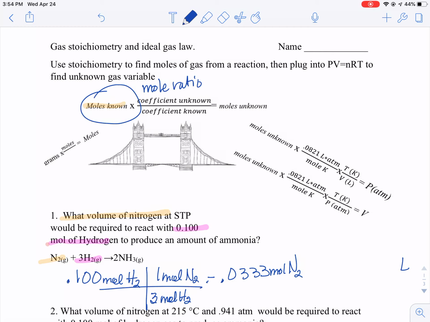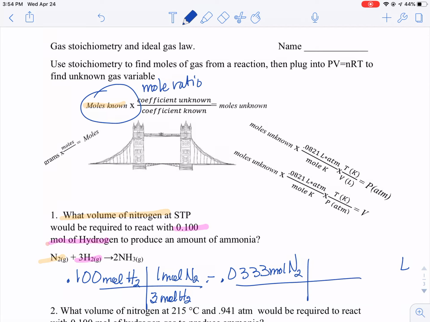Now, we can use PV equals nRT as our ideal gas law to calculate volume, but we can also do the shortcut that I just showed you with your mole map. Because it's at STP, we can take 0.0333 moles of nitrogen and figure out how many liters that would be by multiplying that by 22.4.